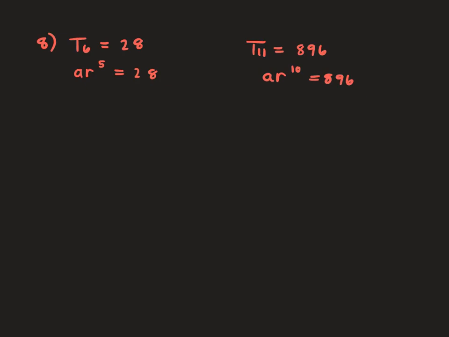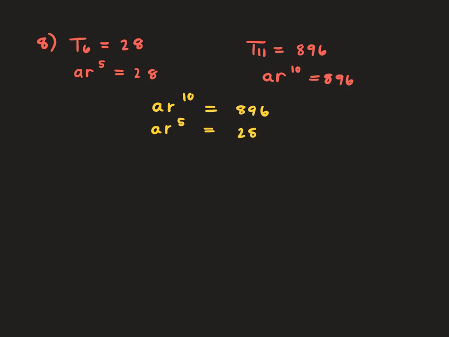Then what you do from here to solve for a and r is we're going to divide the two equations. I usually like having the bigger exponent as the first term. So we're going to have a r to the power of 10 equals 896, and then a r to the 5 equals 28.